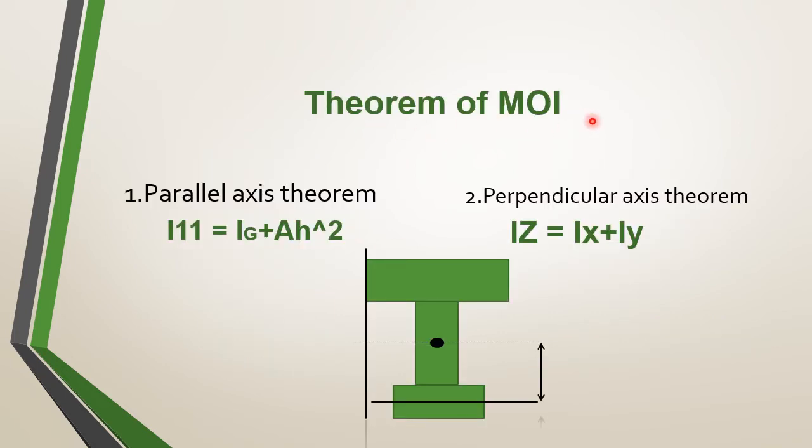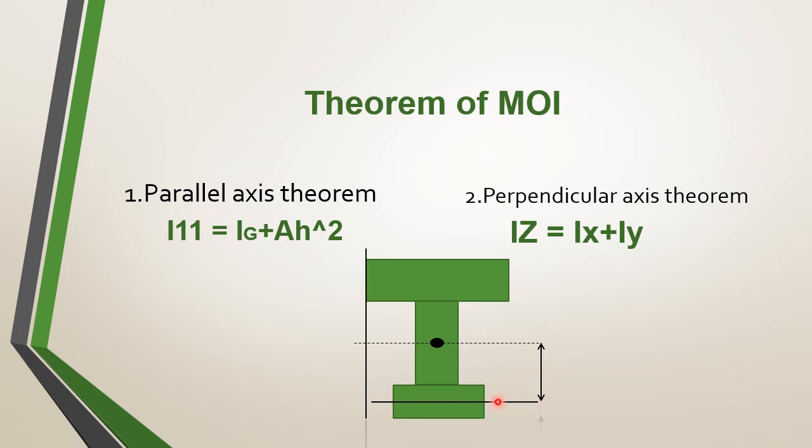Theorem of moment of inertia. MOI is the moment of inertia, and the theorem of moment of inertia is used to find the moment of inertia about any axis other than the centroidal axis. So this is the I section, and this is the centroid for this I section, and the line passing through this centroid is the centroidal axis, and this line which is parallel to the centroidal axis is called the reference axis.